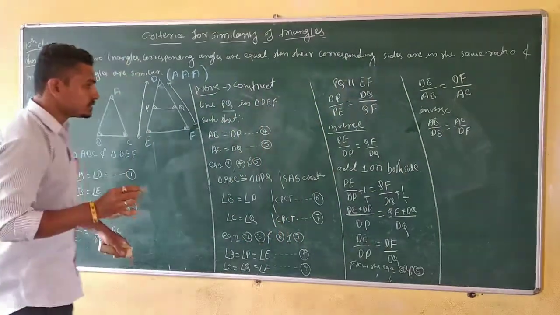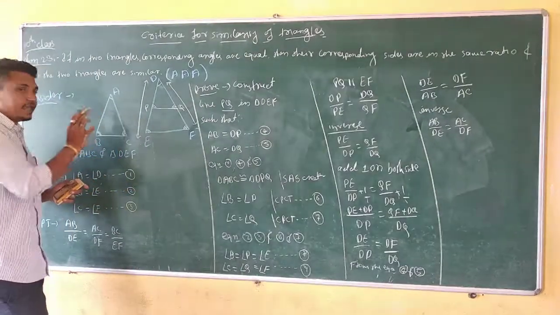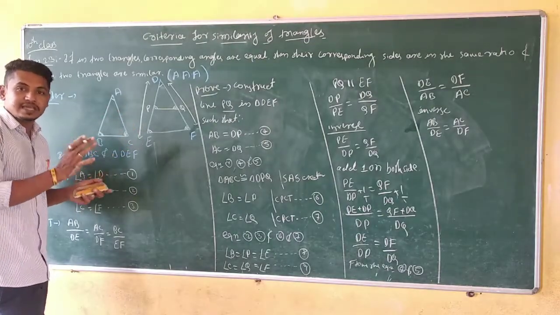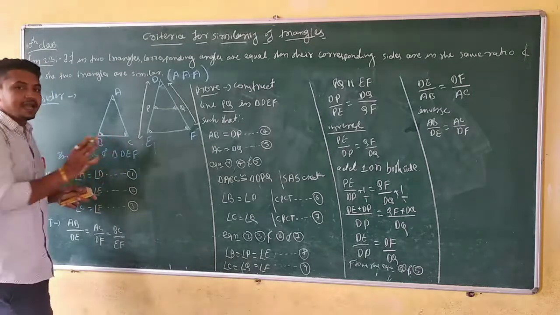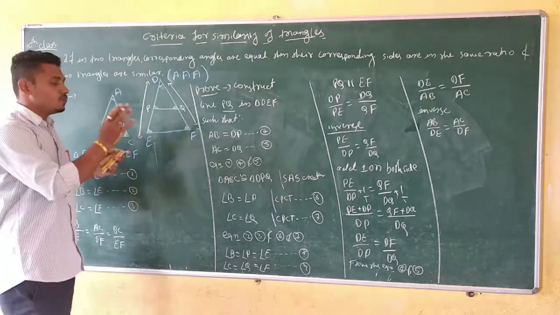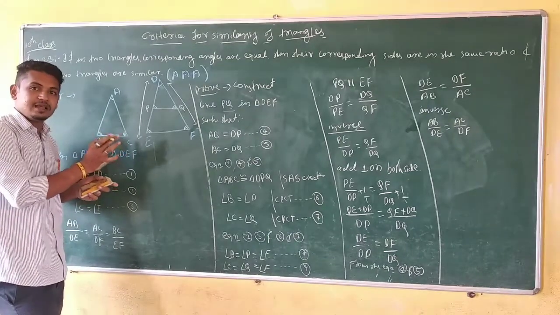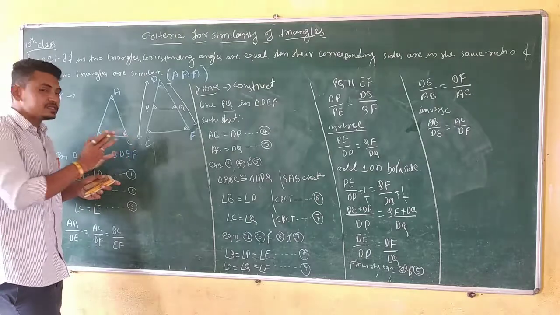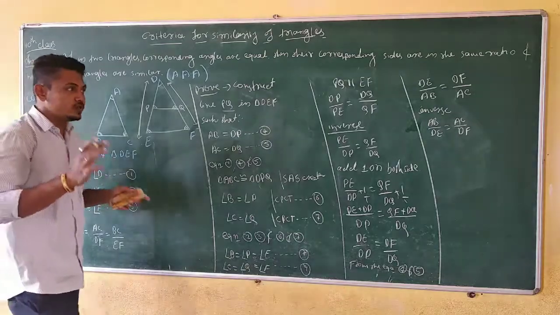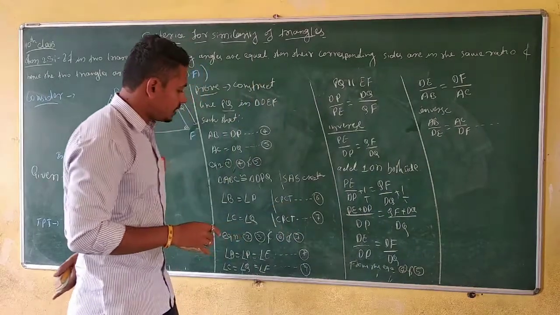Now, remember, if two corresponding sides are in the same ratio, the remaining one side of the triangle is always in the same ratio as those two corresponding sides. So that's why this equation is equation number 10.